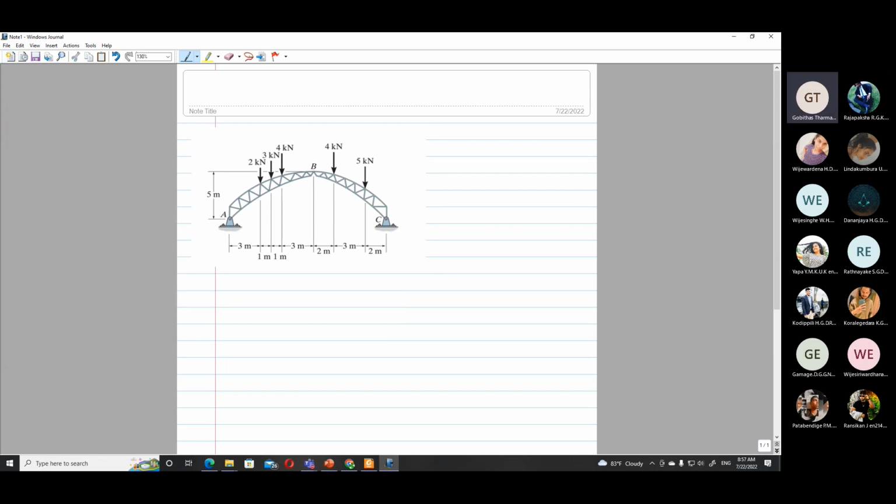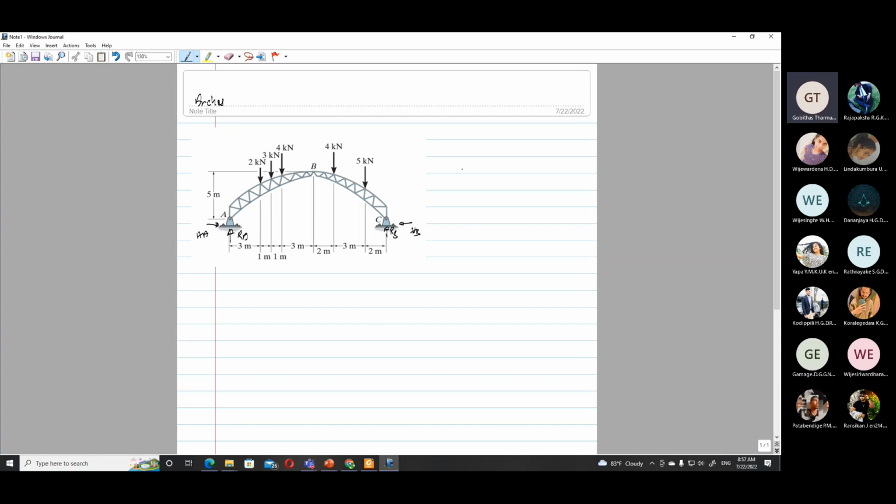Arches. So if you take this one, here you can mark these reactions RA, HA, here RB, HB.